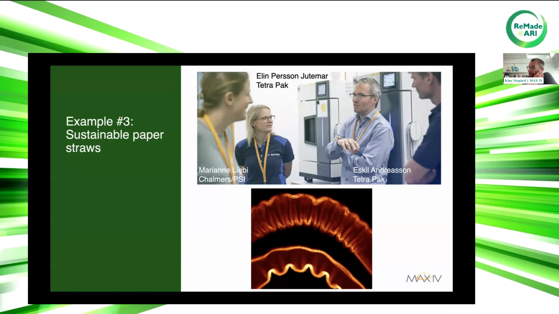And in this particular case, they were looking at some nanoscale defects in the paper straw due to the corrugation process. This group can then take this kind of data again, compare it to their virtual modeling of the manufacturing process, and perhaps then find means of improving the process and then improving the product.